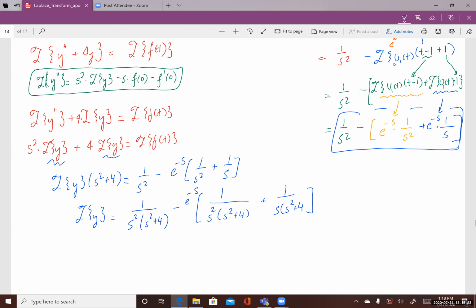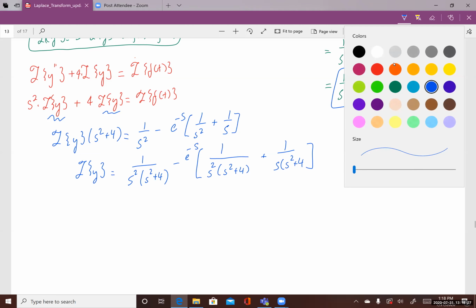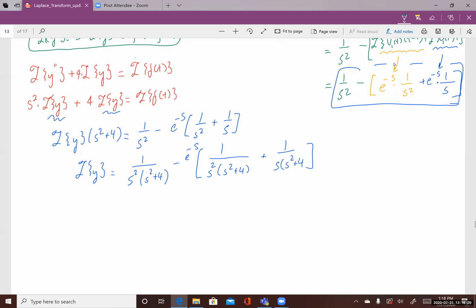All right. So now I have this Laplace transform, and the next goal is to find y. The ultimate goal is to find y, and in order to find y, you just need to apply the inverse Laplace to both sides, because the inverse Laplace of the transform of y is y.